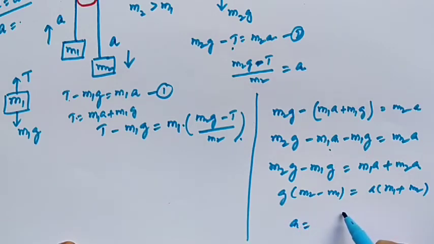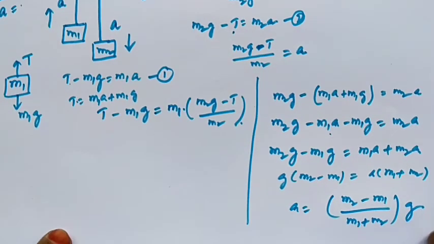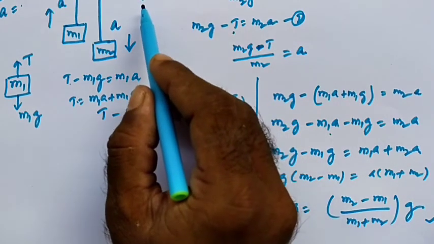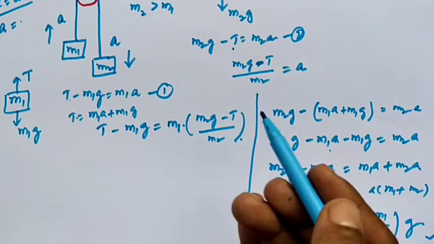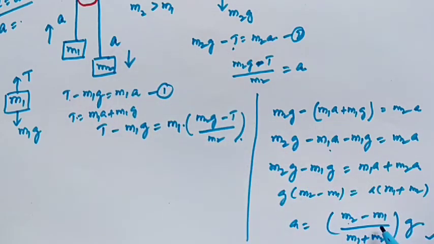Therefore a is equal to (m2 minus m1) by (m1 plus m2) times g. This is a simple formula to calculate the acceleration of the system. Here we have taken m2 greater than m1. If m1 is greater than m2, it is (m1 minus m2) by the total mass times g.